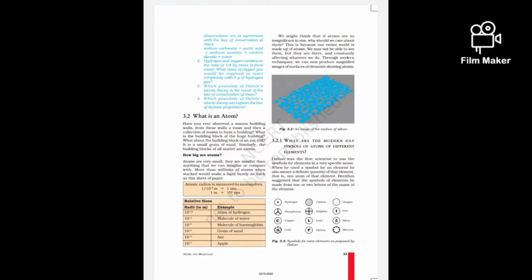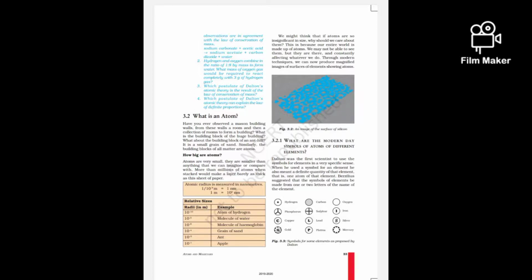Well, children, as we learned, atoms are the smallest particles, smaller than anything that we can imagine or compare with. More than millions of atoms, when stacked, would make a layer barely as thick as this sheet of paper. That means the atoms are very small and their radius is measured in nanometers.